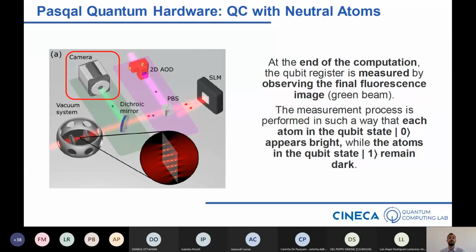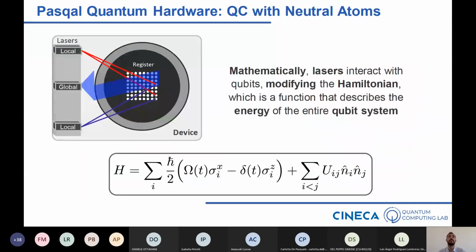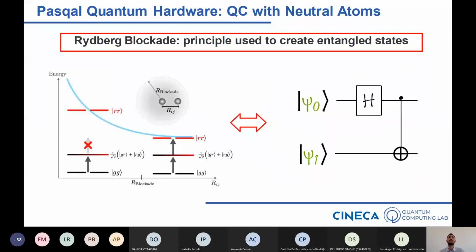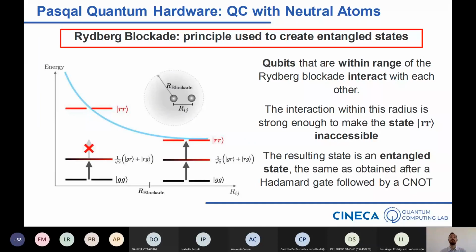Okay, the entanglement. This is called the Rydberg blockade. Here, just look at this plot. On the x-axis there is the distance between the two atoms.